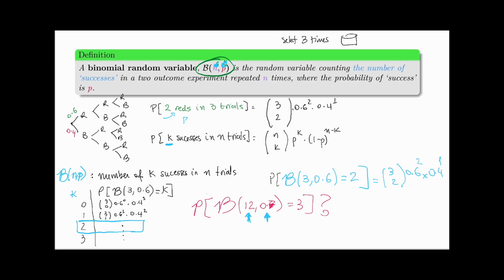And what you were asked is to calculate this probability. But what it really means is, what are the chances that you have 3 heads, 3 successes? So what's the probability that this experiment, a repeated trial 12 times with probability 0.7, has 3 successes? Okay?